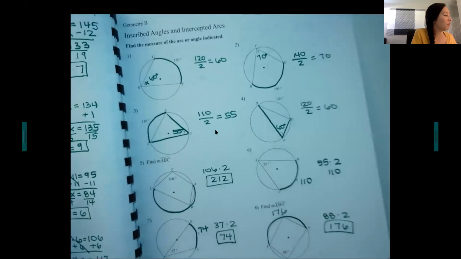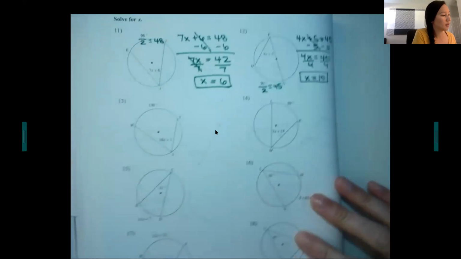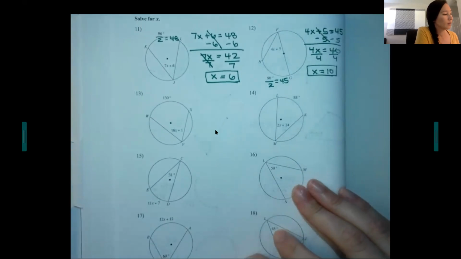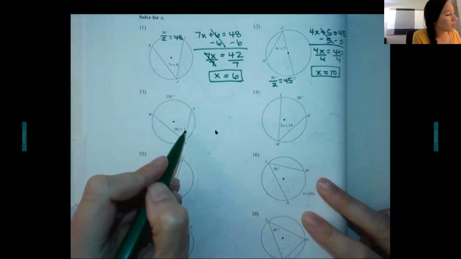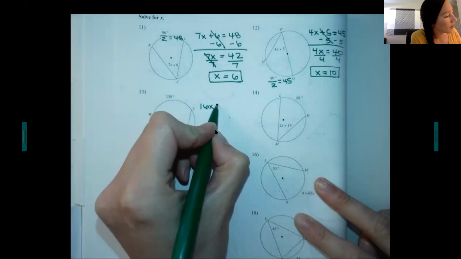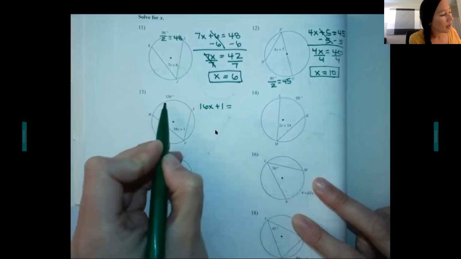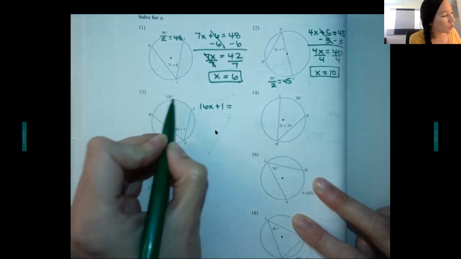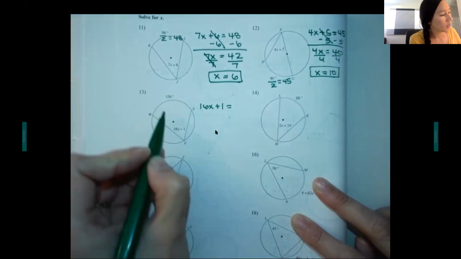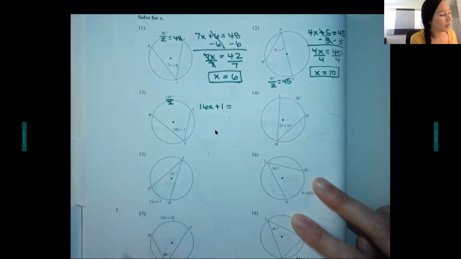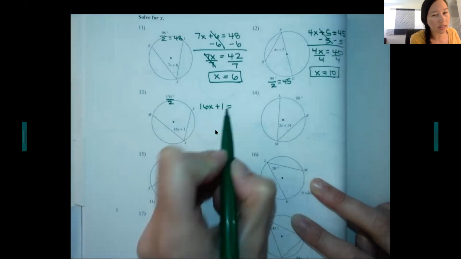So now we have to use that when we're solving for x. So 16x plus 1 doesn't equal 130 though, right? Because this is 2 times this. So we have to divide this by 2 to make these equal.